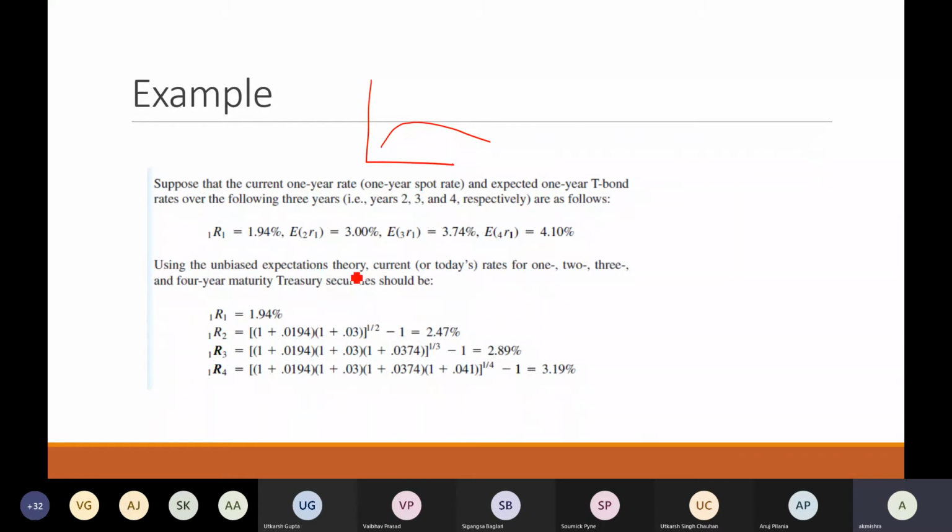So let's say it is also possible that here it could be 2%, here it can go to 1.5%, and here it can go to 1.2%, and for subsequent years it may go back to 3%, let's say 3.4%, 4.2%. So this could also be the case. But if that is the case, then these numbers will change, and then rather than getting this kind of upward slope, you may get this kind of curve.